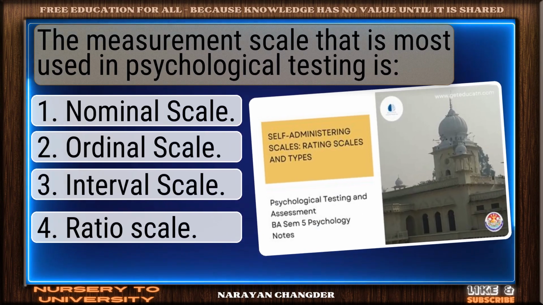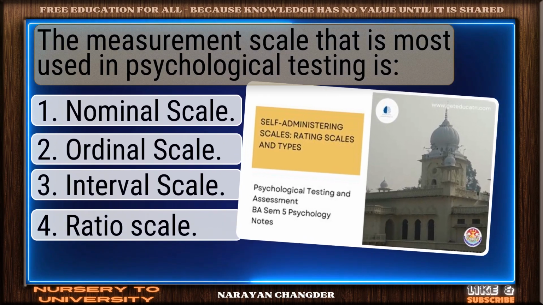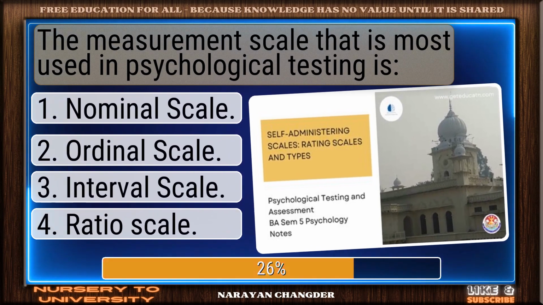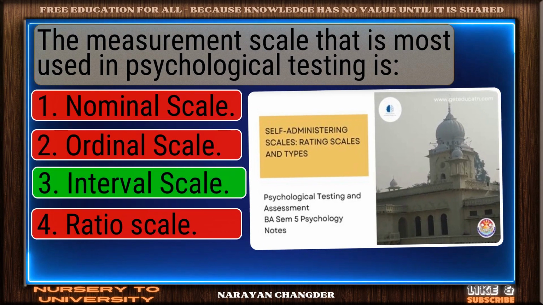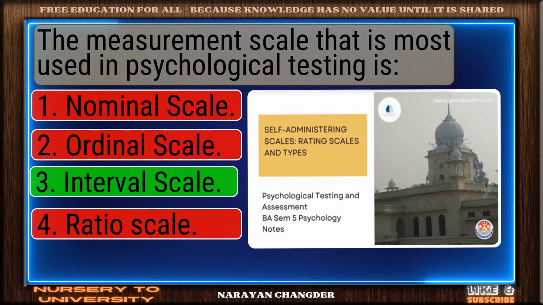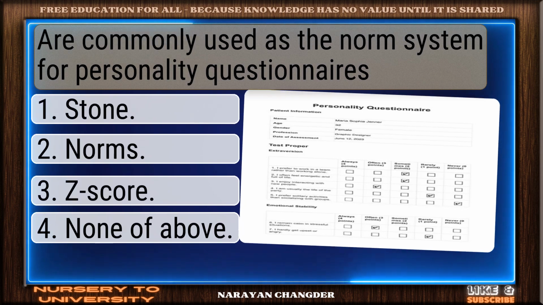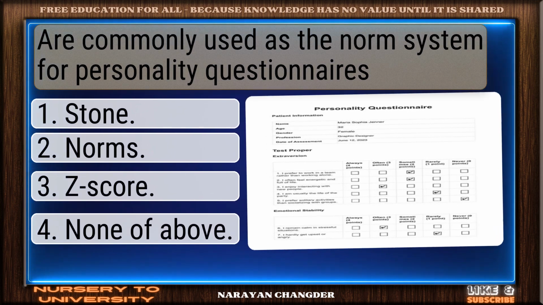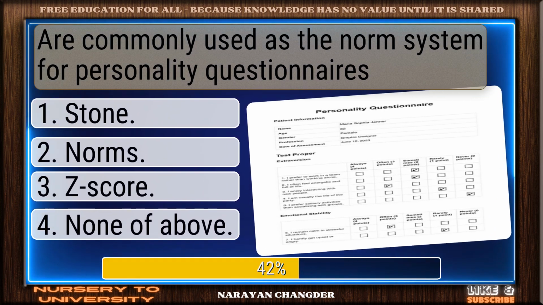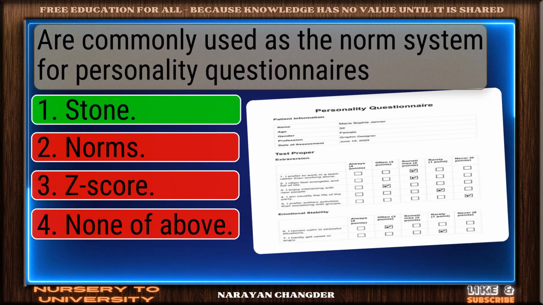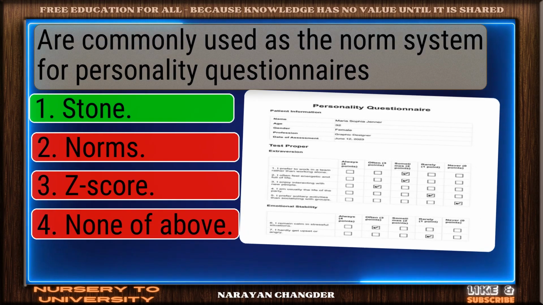The measurement scale that is most used in psychological testing is. Sharp thinking. Interval scale is the right choice. Are commonly used as the norm system for personality questionnaires. You chose stens, and it is correct.